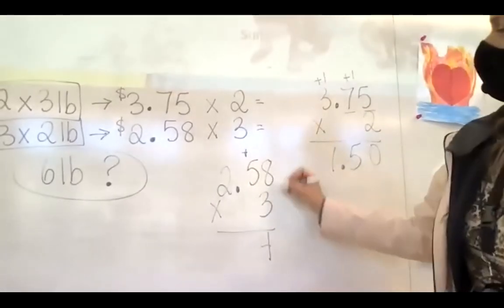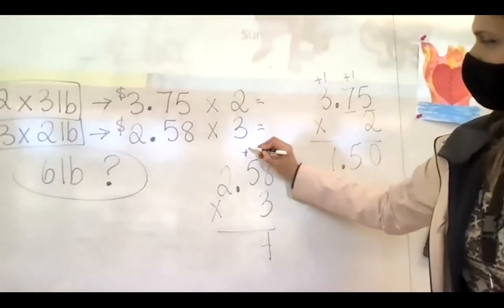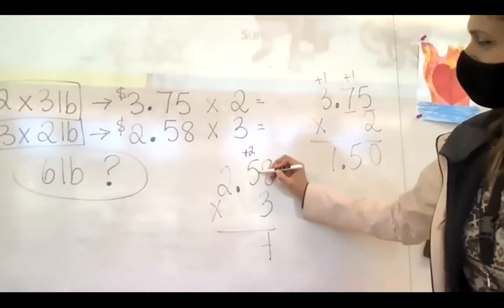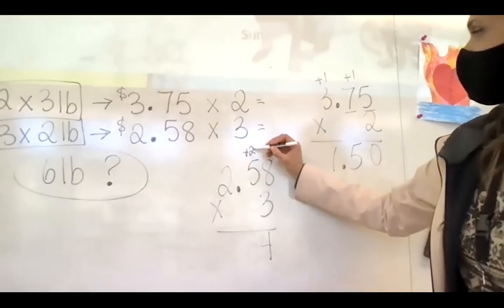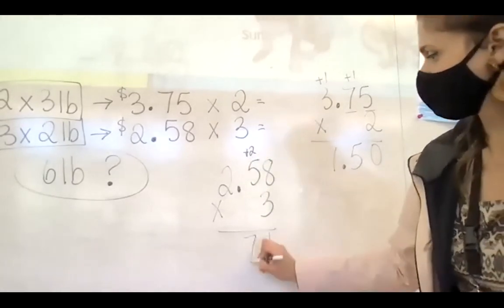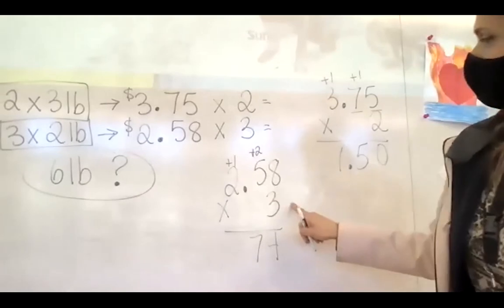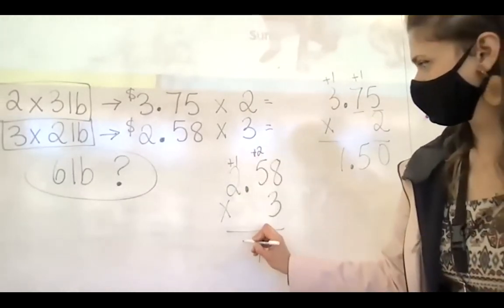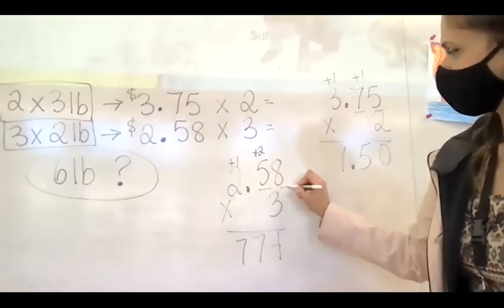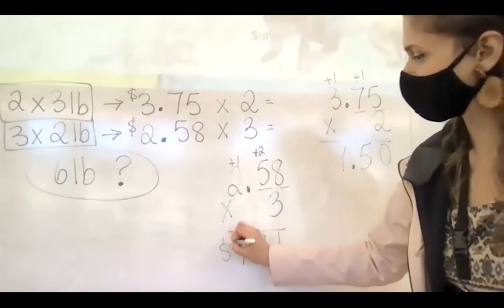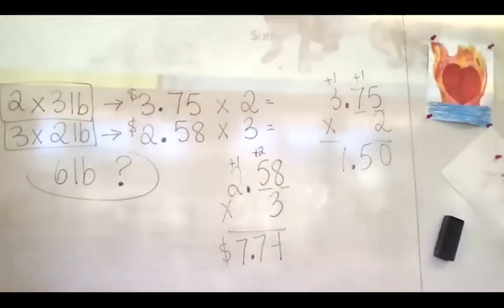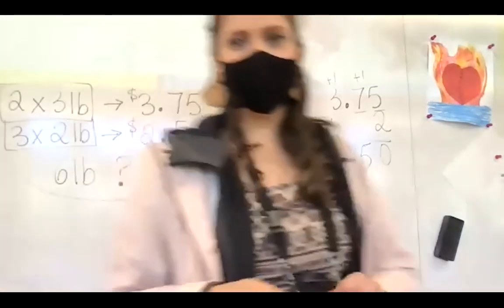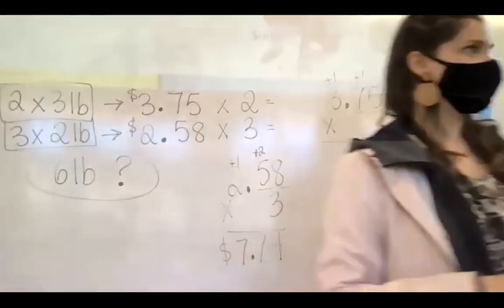All right, 8 times 3 is 24, carry the 2. 3 times 5 is 15 plus 2, 17, carry the 1. 3 times 2 plus 1. And then 2 decimal places. So if I buy it 2 pounds at a time, it will cost $7.74.